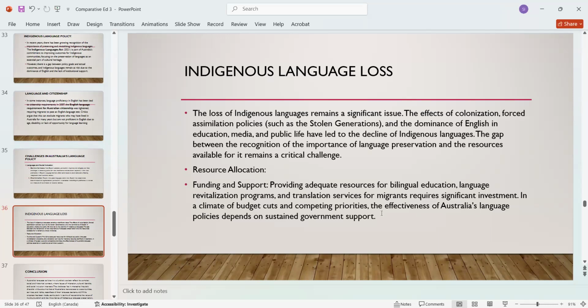The effects of colonization, forced assimilation policies, such as the Stolen Generation, and the dominance of English in education, media and public life have led to the decline of indigenous languages. Schools are not using them, right? So children coming to school are going to use English, so they will forget the indigenous language.